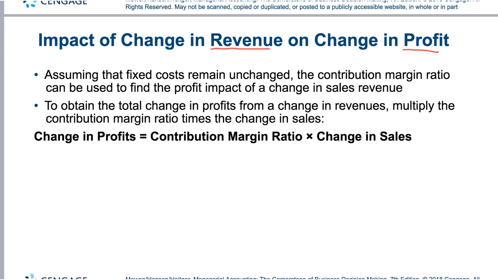The only thing that's going to flow down to your profit is going to be the contribution margin or the excess of sales over variable cost, right? So if you know your contribution margin ratio, then you know that if your sales change, right? So if we have an 18.75% contribution margin ratio, then if we increase sales by some amount, 18.75% of that is going to flow into the profit. That's logical, right?